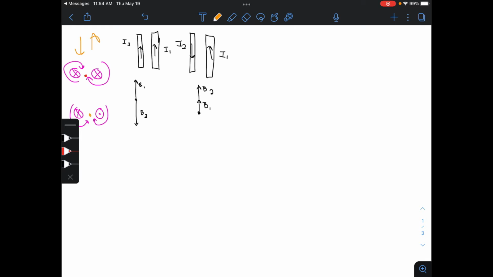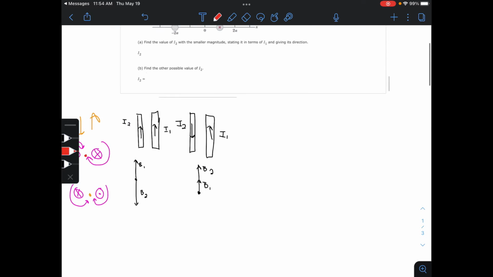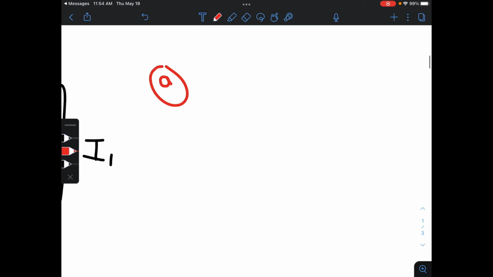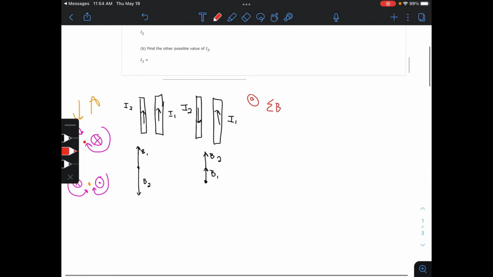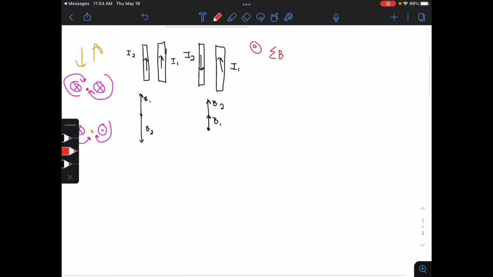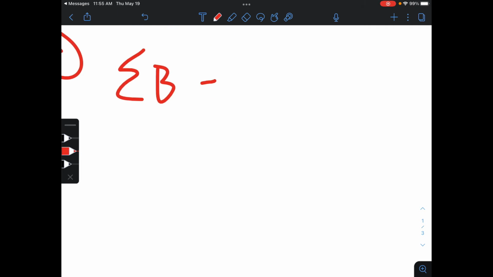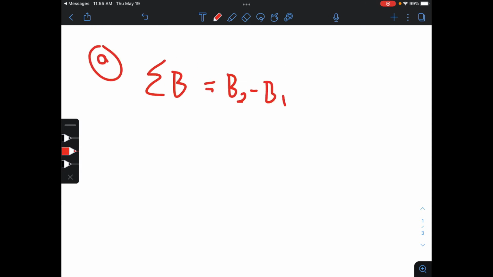Okay, so now we actually have to solve our stuff. So this is basically like part A now. So our total field, if you will, these clashing fields. Yeah, okay, you know what I mean. Our field will be equal to B2 minus B1. And we know we have a value for B1.